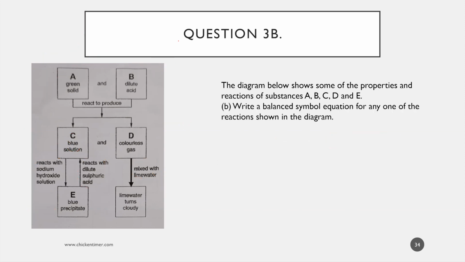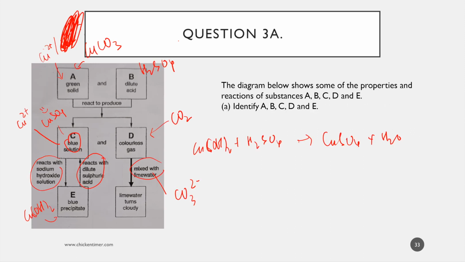Then they say write a balanced chemical symbol equation for any of the reactions. I have one written there from when I was thinking. So now you need to balance it. Copper hydroxide plus sulfuric acid gives copper sulfate. So a crash course right now, because we can only talk about this equation.